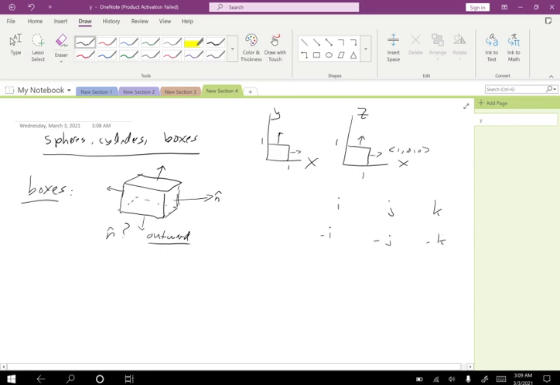Let's just look at the XY plane for concreteness. Here I would use minus j, 0, 1, 0, and I'll put a negative sign there. And here I would use 0, plus 1, 0. Here I would use 1, 0, 0, and then finally you would have a negative sign.